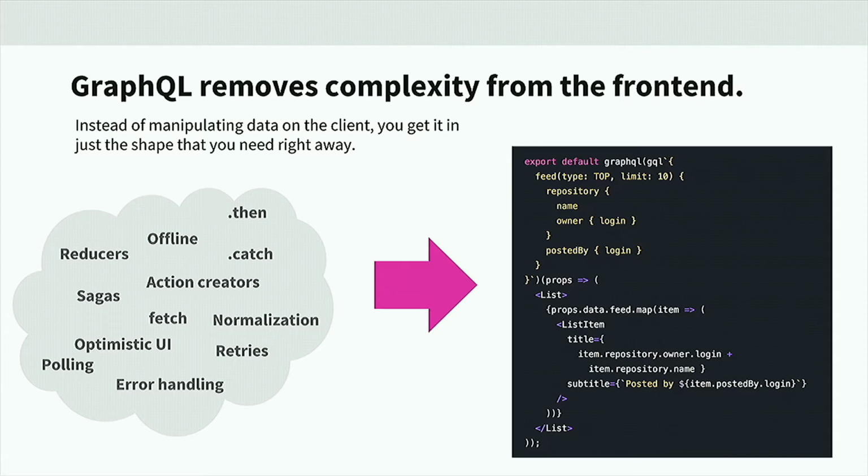But with GraphQL, you don't have to do any of those things, because you can write a GraphQL query, and in one response from the server, and the server does all that heavy lifting for you, or at least a lot of it, you can just describe the shape of the data you want, and you get it right away. And that saves you a bunch of complexity in the client. And that's why, even though it's an API technology, it's really something for front-end developers.